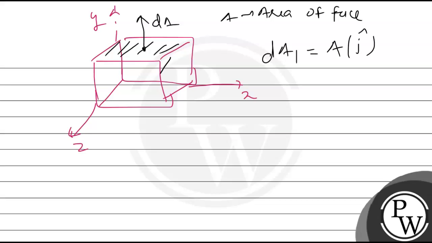Similarly, for this face, the area vector will be outward, so dA2 is A in the positive x direction, which is A I cap.